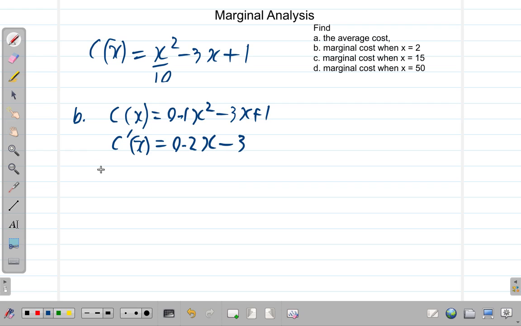Alright, so C prime of 2, when x is 2, what we get would be 0.2 by 2 minus 3, which is 0.4 minus 3, and that would be negative 2.6.